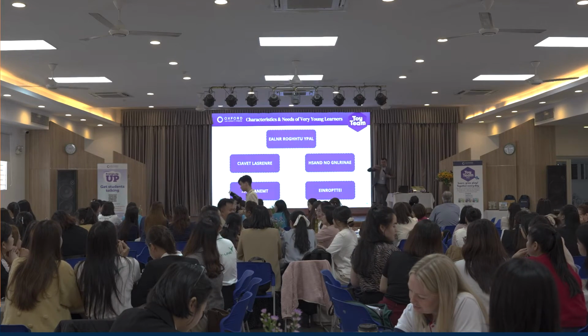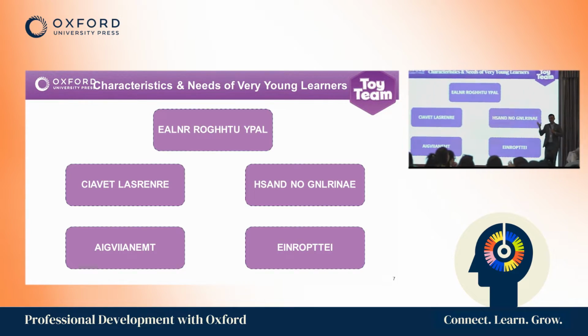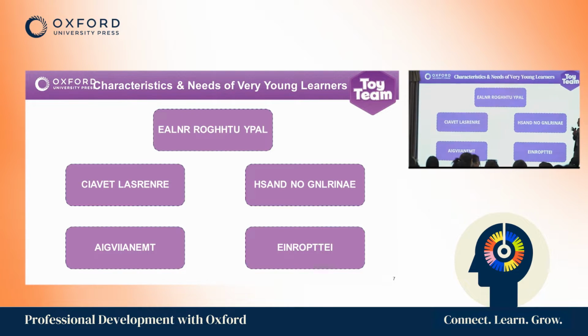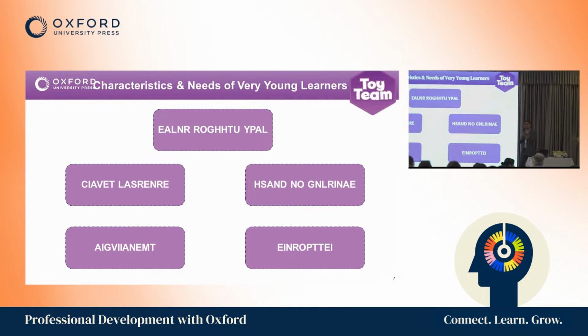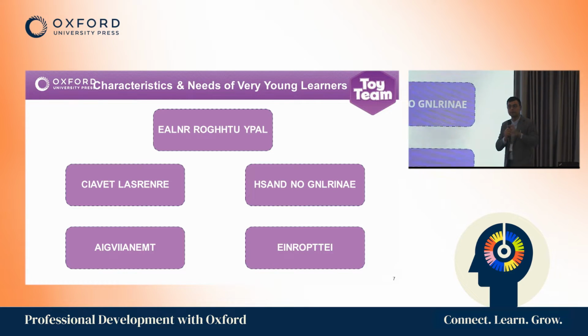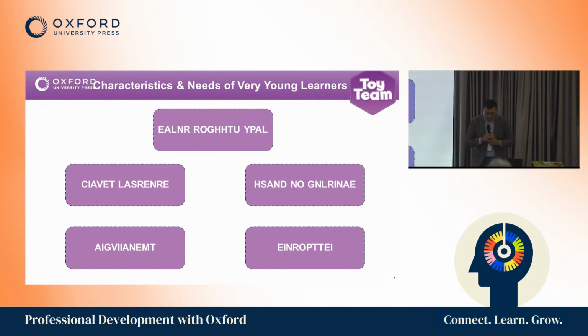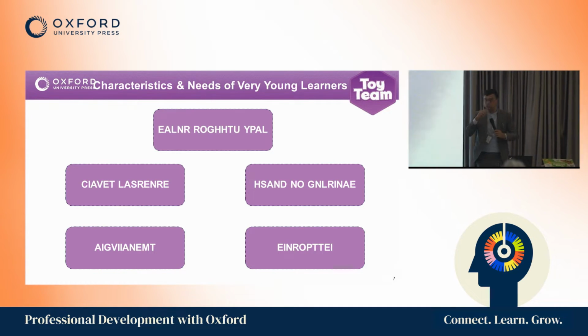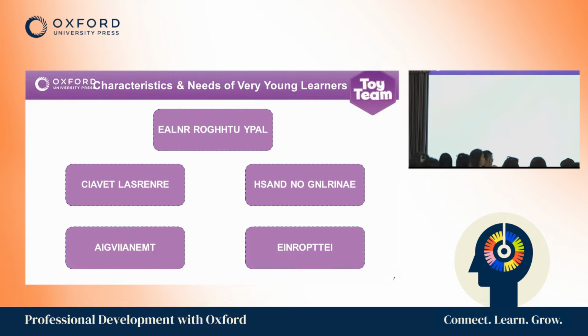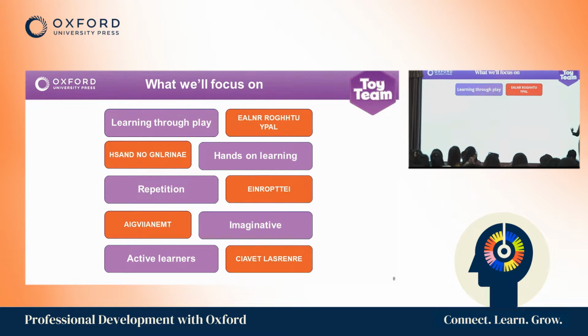So, like I said, I just picked out these 5 ones because I'm going to focus on these 5 elements today. And instead of just telling you what they were, I was going to just turn it into a quick game. So, this is what we'll focus on today. One was learning through play.